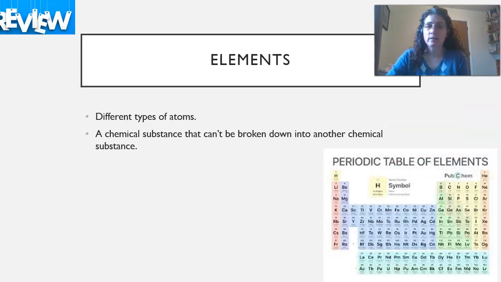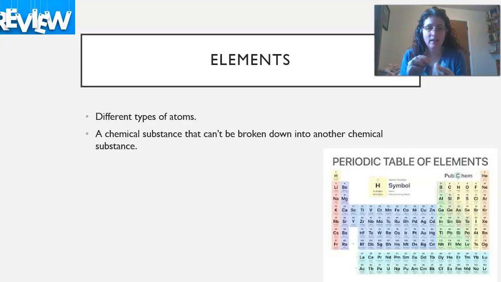So an element is one specific type of atom. It also means that it cannot be broken down by chemical processes. That's as far as an atom can go. So I could take some aluminum foil, which is 98% aluminum, and keep ripping it smaller and smaller, and I still have aluminum.